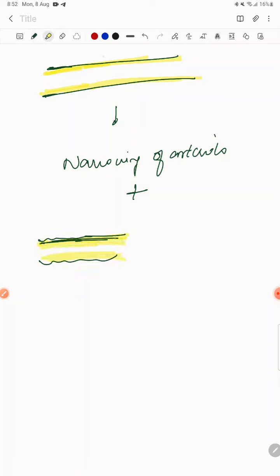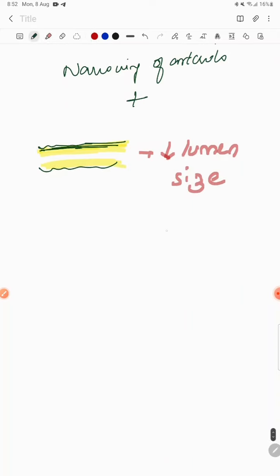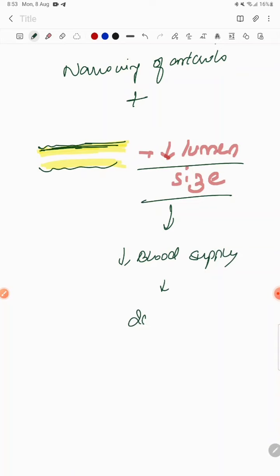Its lumen will become thin. So there is a decrease in the lumen size. If the lumen size is decreased, it will lead to decreased blood supply. It will lead to what? Ischemia.